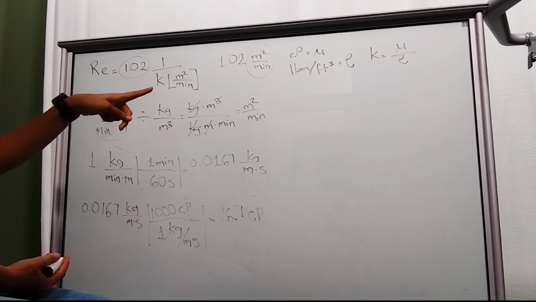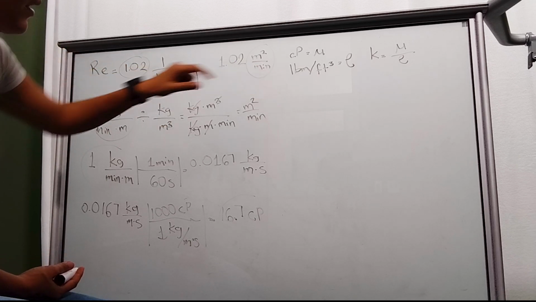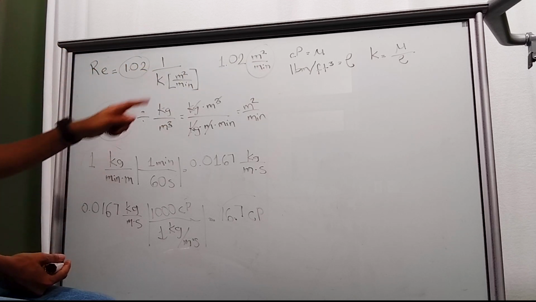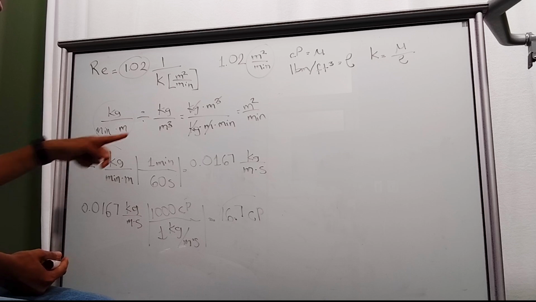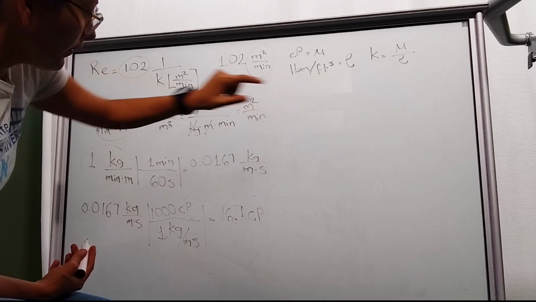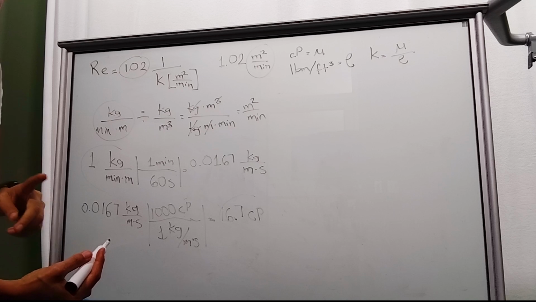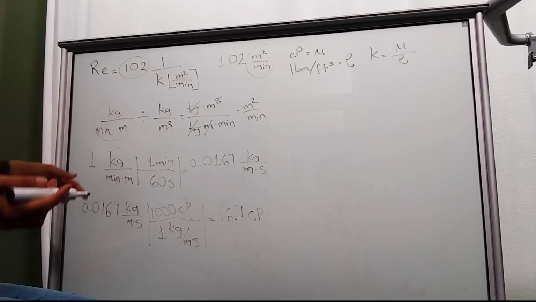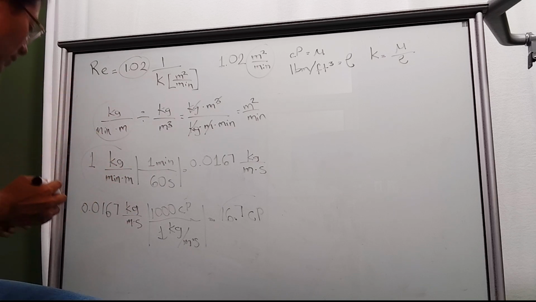So now we have 1 kilogram per cubic meter that we need to convert to pounds per cubic feet. Here I'm gonna put the direct conversion, but also you can do it step by step, and that's fine.